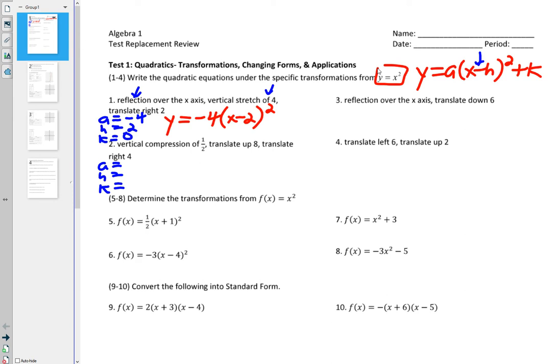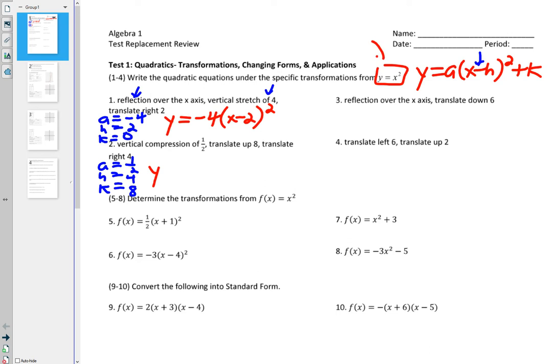So my a here is going to be 1/2. My h is going to be 4, and my k is 8. If you're not sure how I got those, let me know. So y equals, you can also write f of x is equal to.